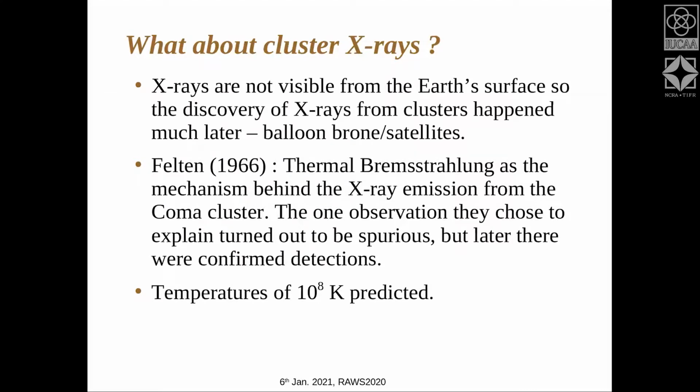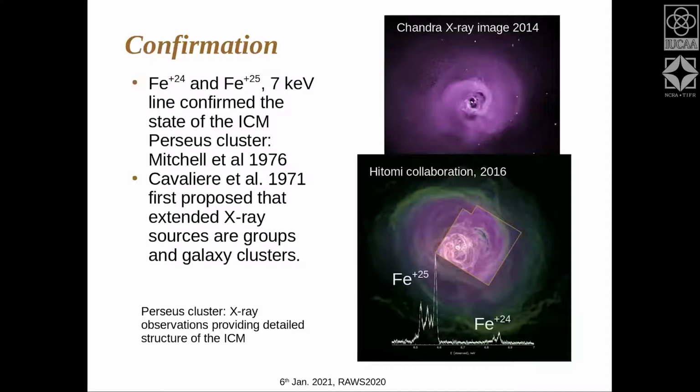Until today, there have been many missions like the Chandra X-ray telescope and the XMM-Newton X-ray observatory. Chandra was launched around 2000 and is still operational. The most recent one which showed a very detailed picture of galaxy clusters was the Hitomi mission.